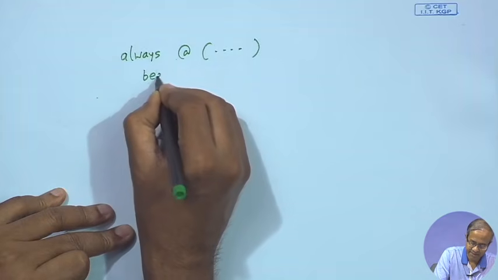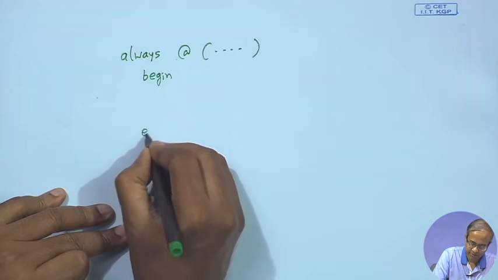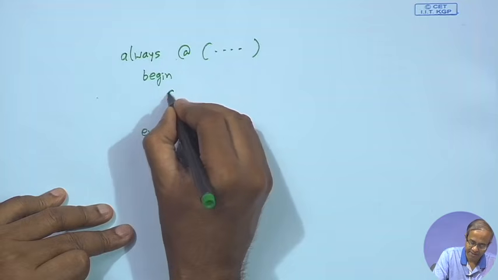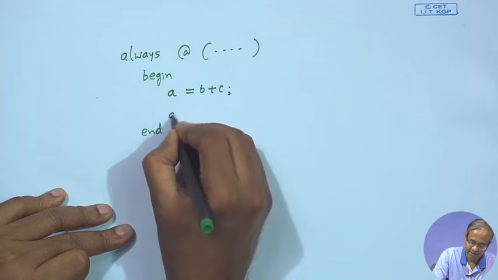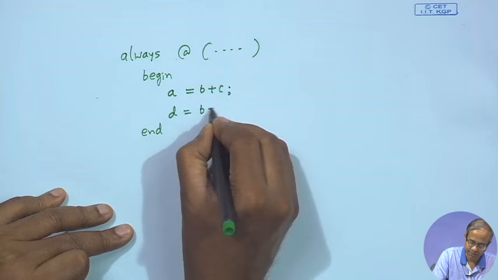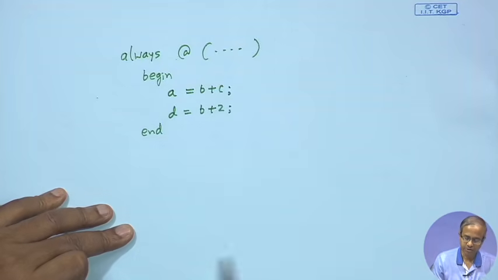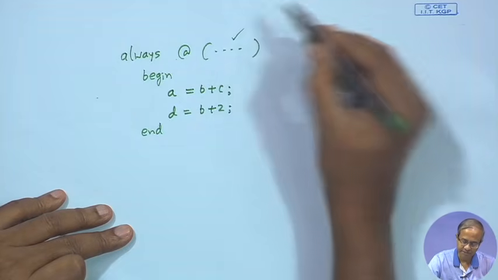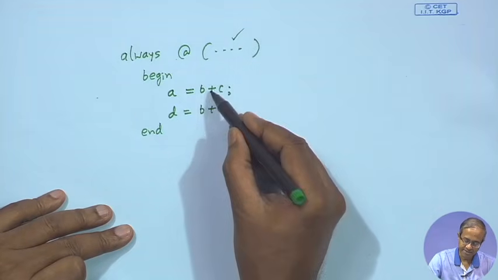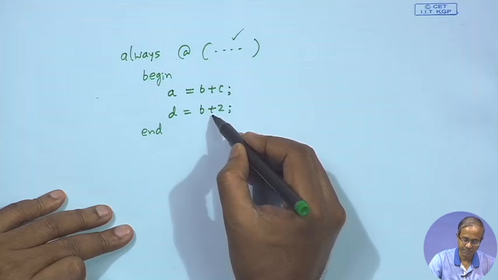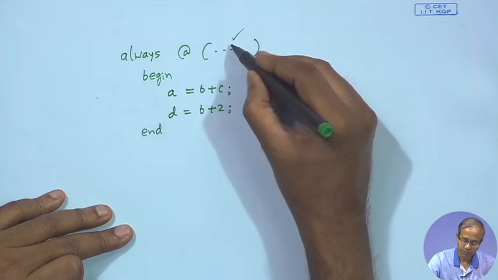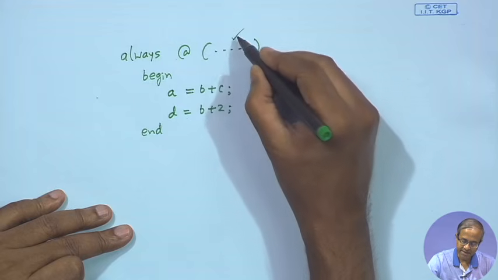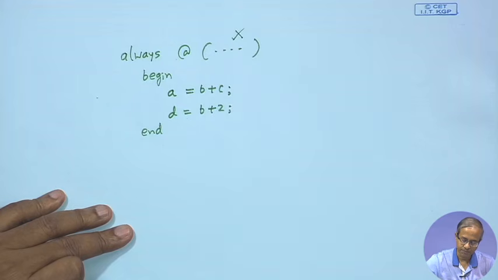What I am saying is that inside the begin end block, let us say I am writing some statements like A equal to B plus C, D equal to B plus 2. Whenever this event expression triggers, these two statements will execute. But think what will happen when this triggering condition is not true.